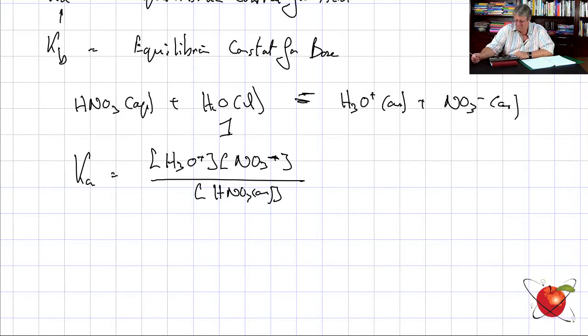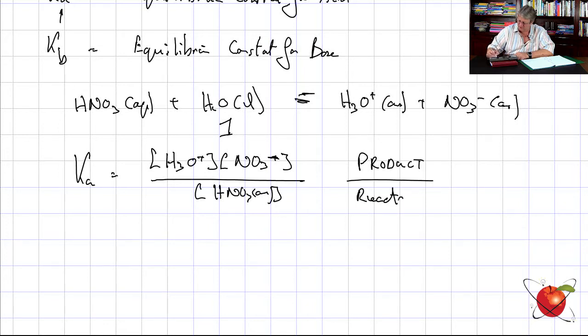On top, we have product, and on the bottom, we have reactant. Well, it's quite straightforward. We've seen it before.